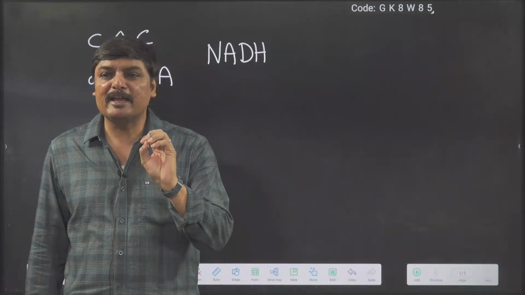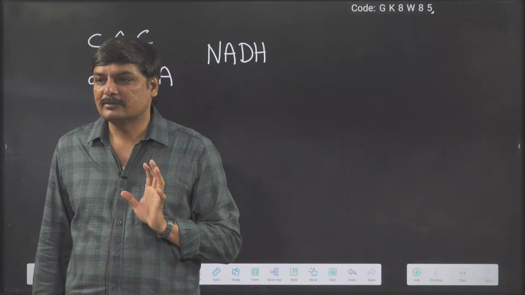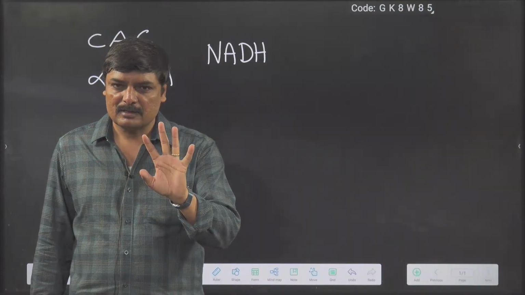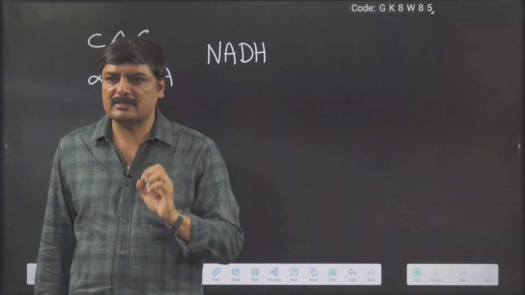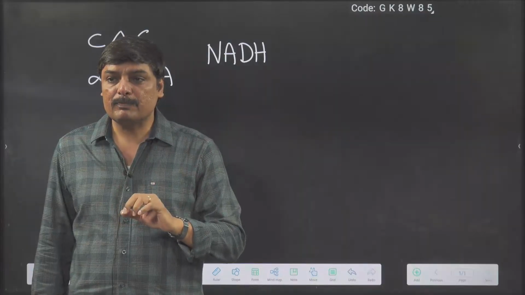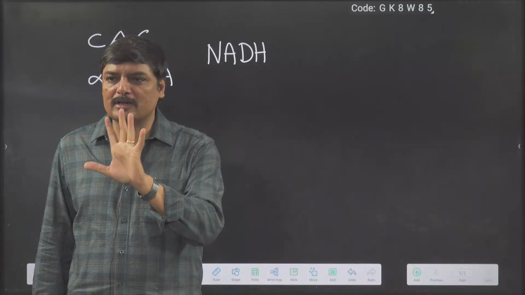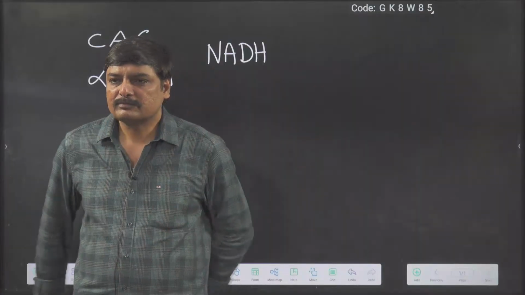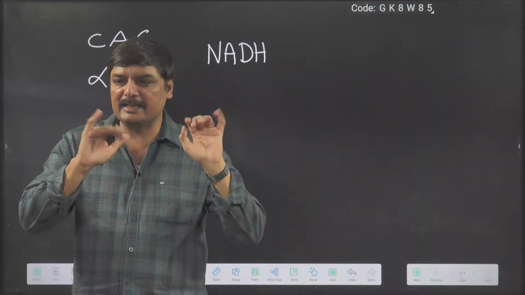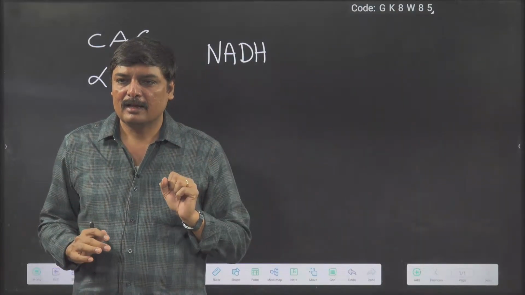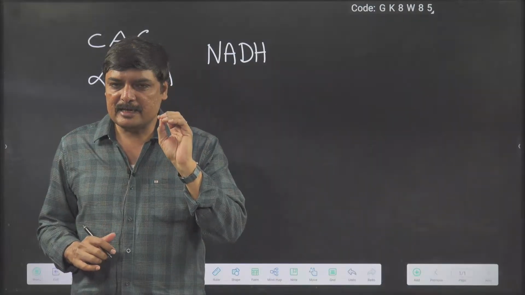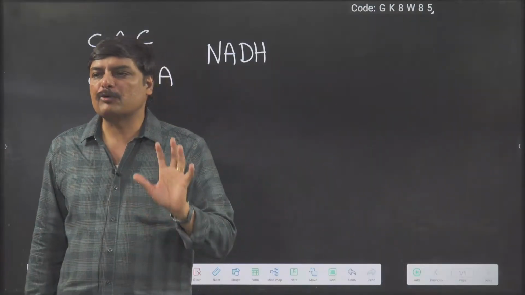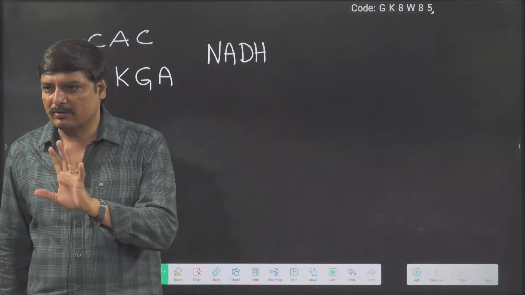Totally, how many NADH are produced? At each step, 2 NADH, so 3 into 2, totally 6 NADH are formed. Very good.